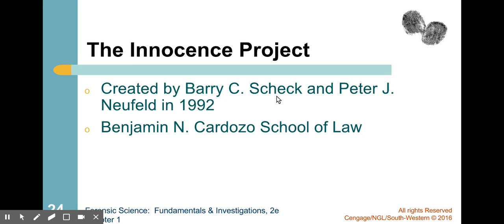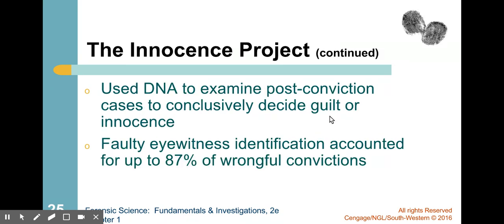It was led by these two gentlemen here, and that school of law, where they used DNA to go back and look at people who had already been convicted and declared guilty, and then they actually conclusively decided if it was guilt or innocence.